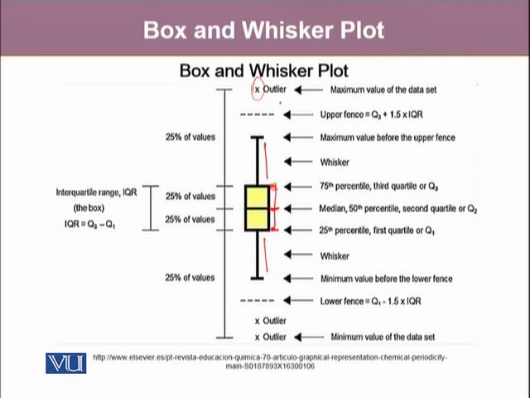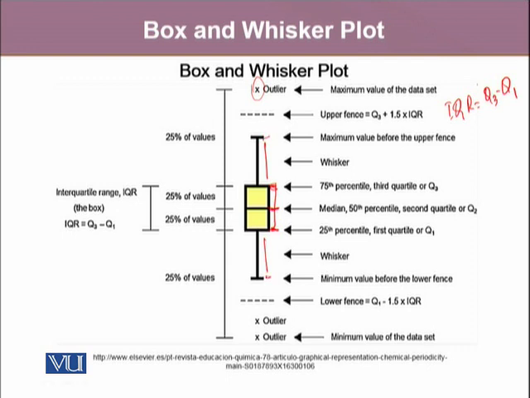Upper fence is obtained by Q3 plus 1.5 times the interquartile range, where the interquartile range is equal to Q3 minus Q1. This value is the maximum value that's just before the upper fence.